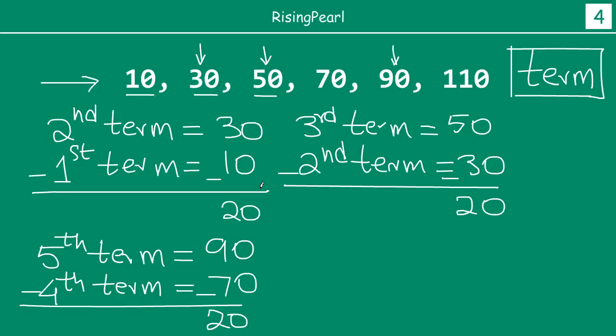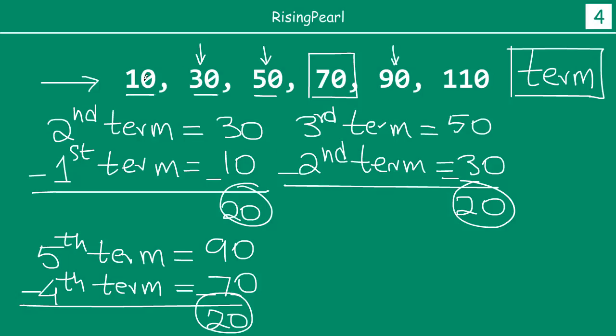In this collection of numbers, this value 20 is always the difference between the current term and its immediate previous term. In other words, if I take any of the terms and add 20 to it, I get the next term.